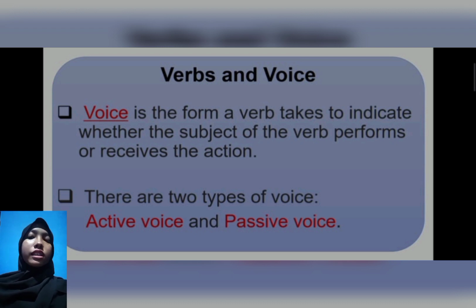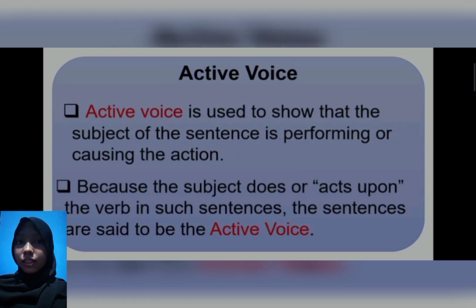There are two types of voice: active voice and passive voice. Active voice is used to show that the subject of the sentence is performing or causing the action, because the subject does or acts upon the verb.